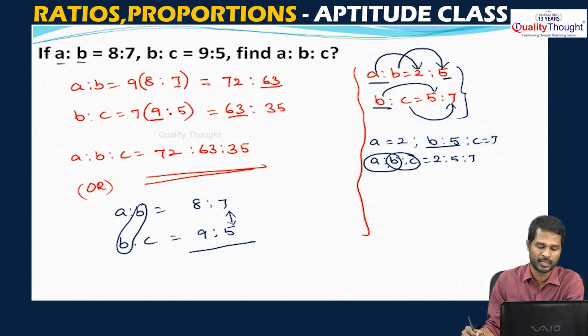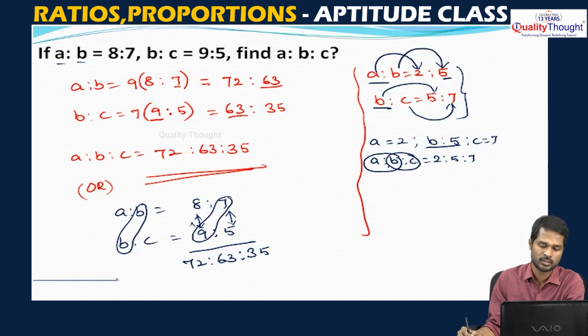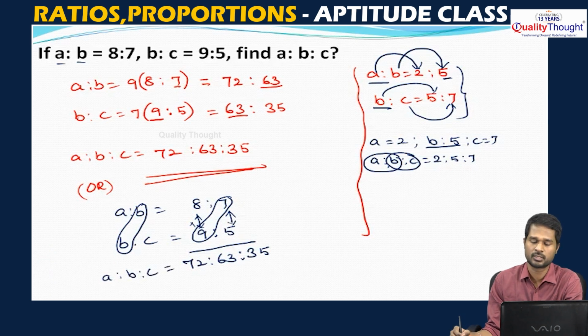Multiply 7 and 5, that is 35. Keep a ratio here and multiply these two things: 8 9s are 72. Now the B values are these, multiply them: 7 9s are 63. So A is to B is to C is 72 is to 63 is to 35.